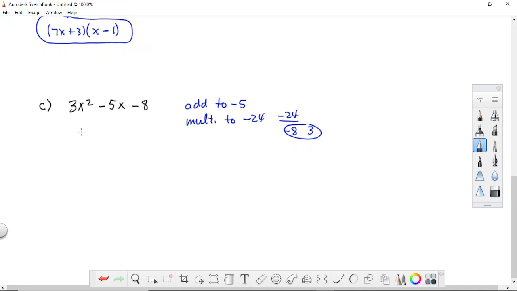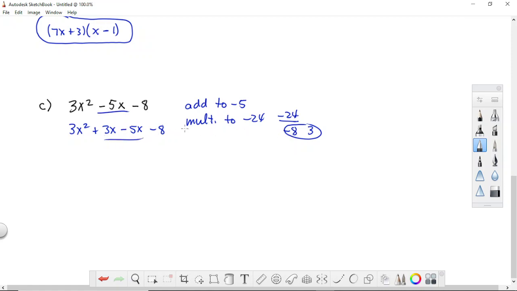So we're going to split that middle term. It's currently written as negative 5x, but we're going to split that into the plus 3x and minus 8x. All we did was rewrite our quadratic, but with negative 5x split into those two pieces.